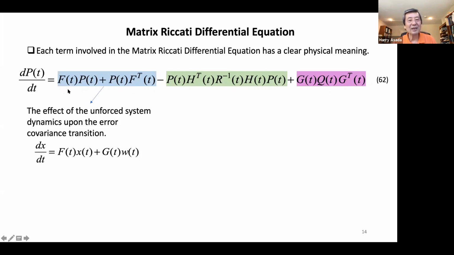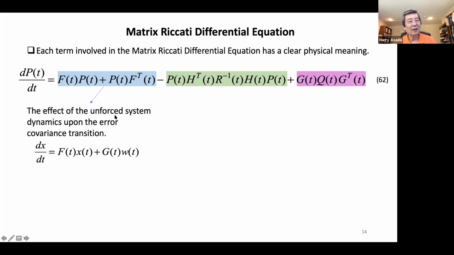F came from the state equation. So F determines how the state makes a transition by itself. So this term FT PT plus PT F transpose represents the effect of the unforced system dynamics upon the error covariance transition.